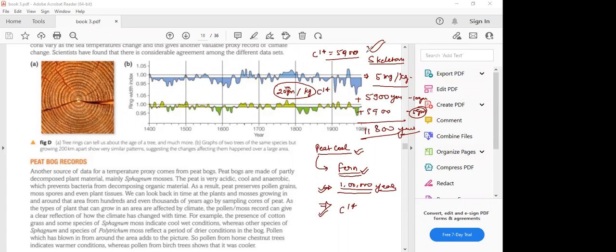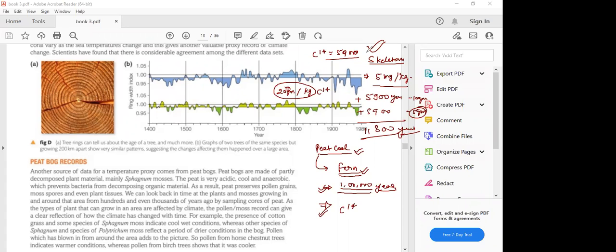Is it crystal clear to you or not? Tell me. I was wondering, shouldn't we use dendroclimatology for this? We use dendroclimatology for this one, but to confirm it, because radiocarbon dating never lies.